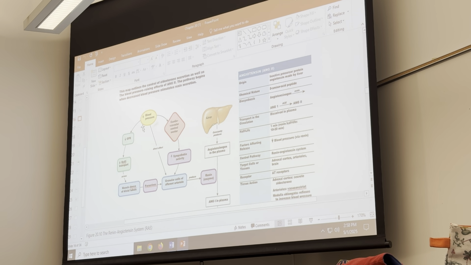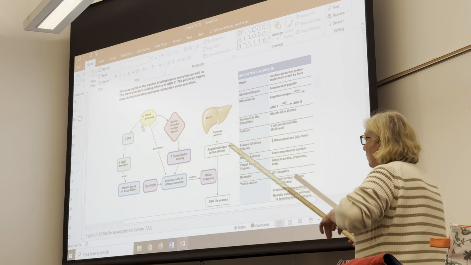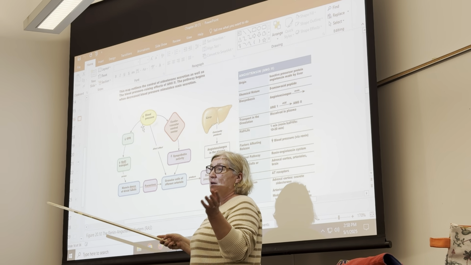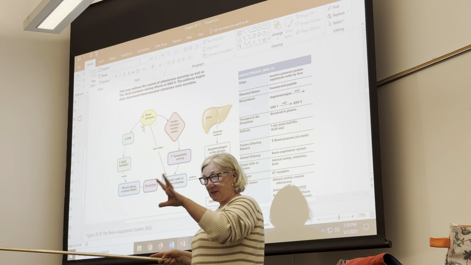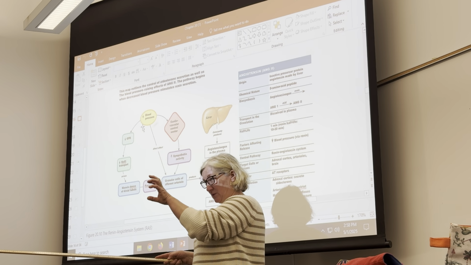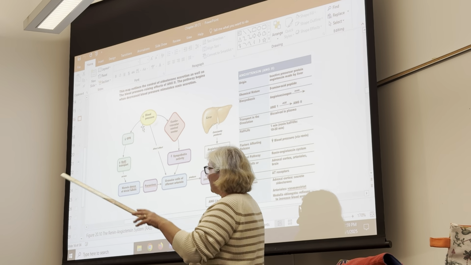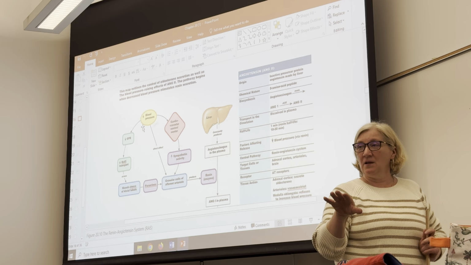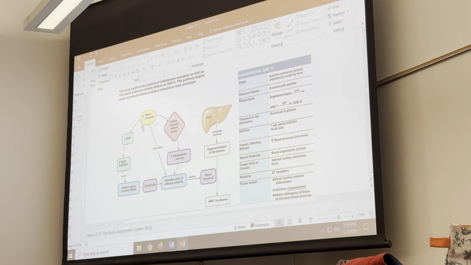So when we have low blood pressure, there would be low blood flow rate through the afferent arteriole into the glomerulus, yes? Low blood pressure, less blood enters the glomerulus, so the glomerular filtration rate is reduced. Is that clear? Less blood entering, less blood being filtered. Is that clear so far?